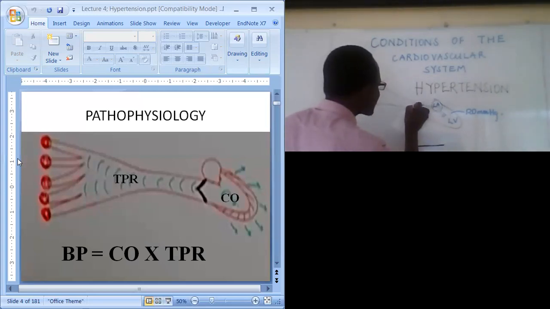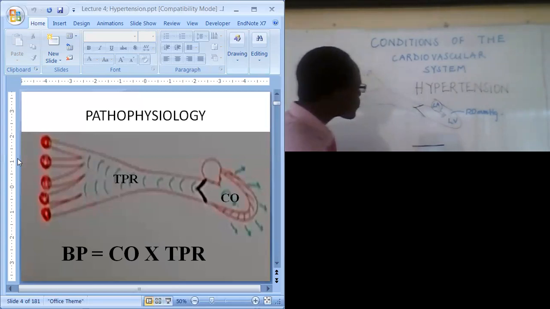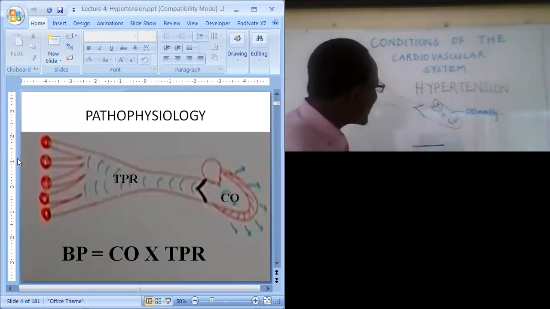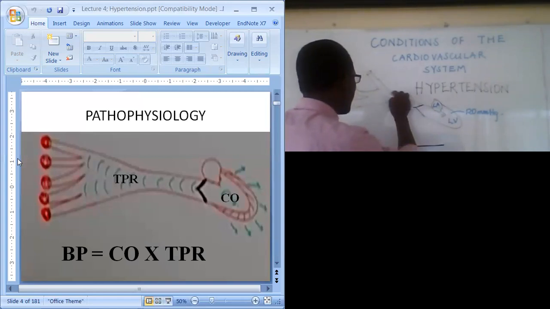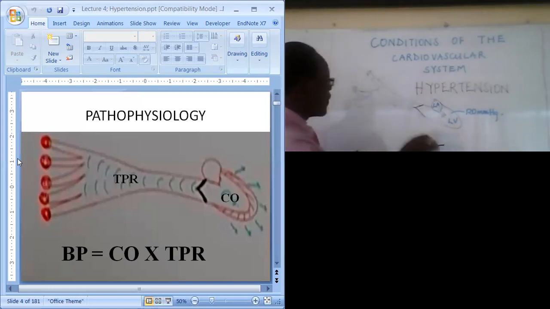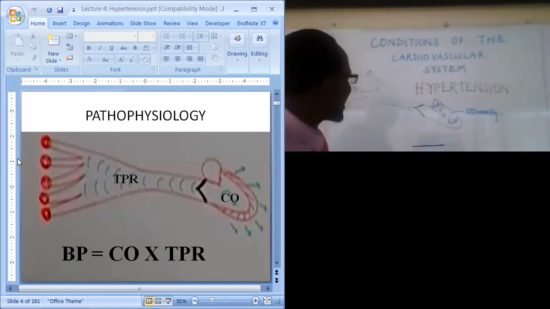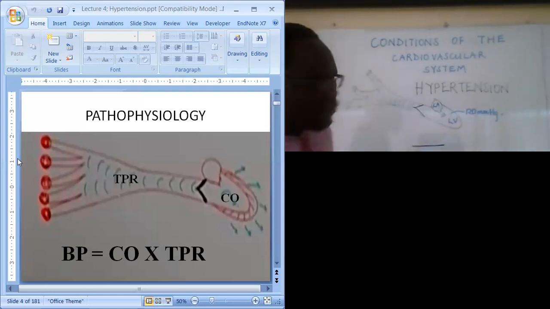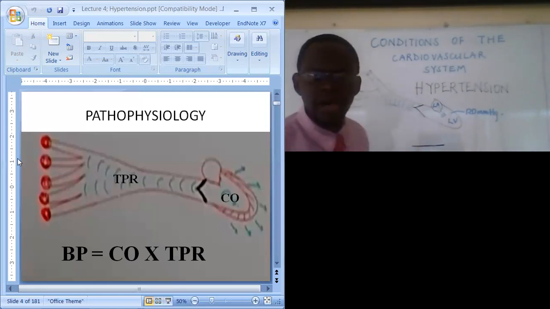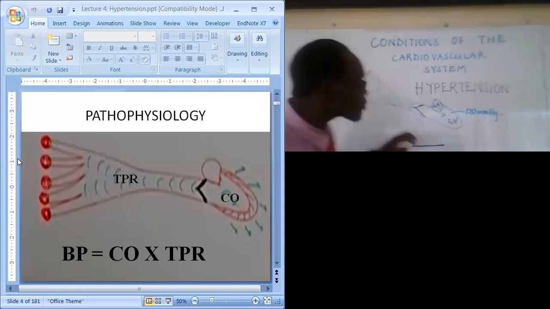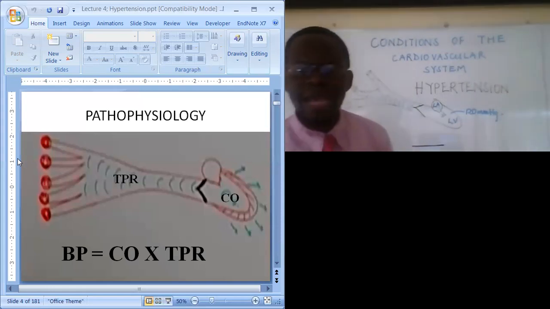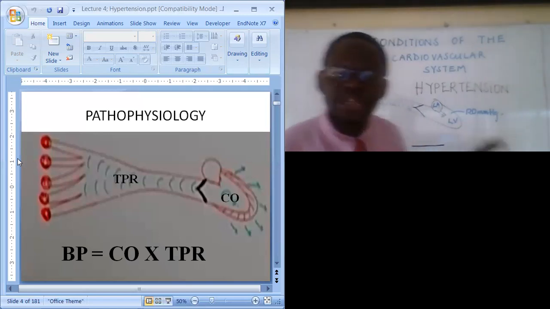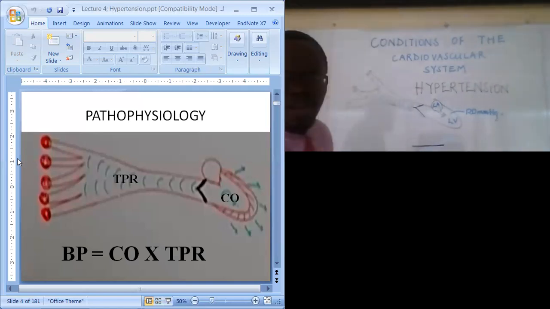The aortic valves are supposed to close, and therefore the blood that was pumped out basically stays on this other side of the valve. Now, what determines the diastolic blood pressure is the total peripheral resistance.